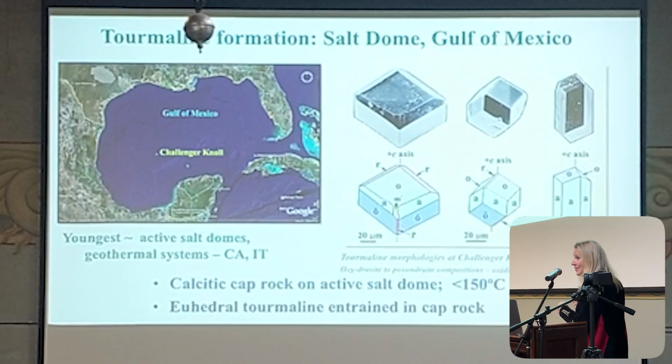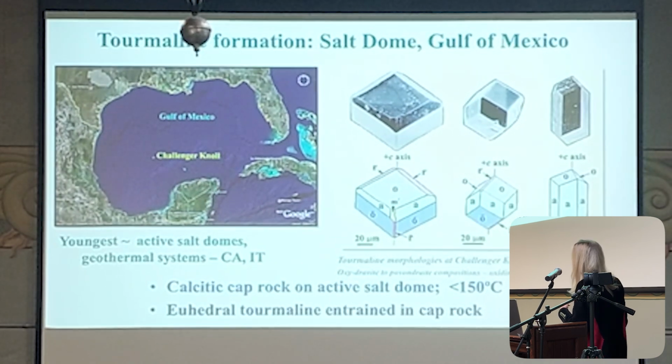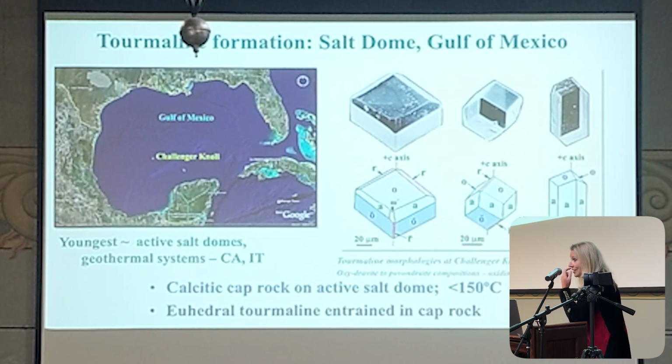And sometimes we even have to go to the Gulf of Mexico. And if we work hard enough, we have found tourmalines, very small, this is a 20 micron scale, in the cap rock of a salt dome that's actively forming down here in the Gulf of Mexico. So these are forming very recently at the Challenger Knoll area in the Gulf of Mexico.